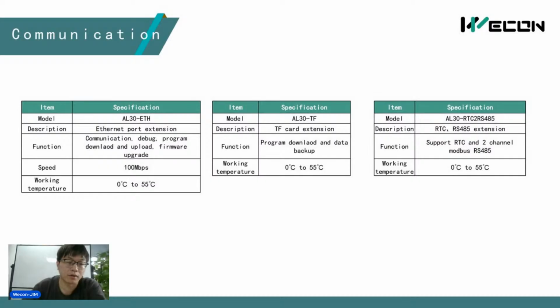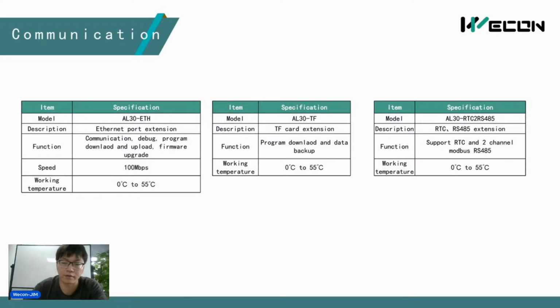Last is the communication. Communication ports are all here, on the left side, as expansion cards. For example, Ethernet expansion cards and TF expansion cards, and also RTC and the Modbus RS485 expansion card. With the expansion Ethernet port, we can use it for Modbus TCP communication, monitoring software, and also firmware upgrades.